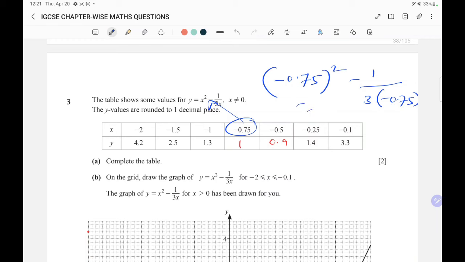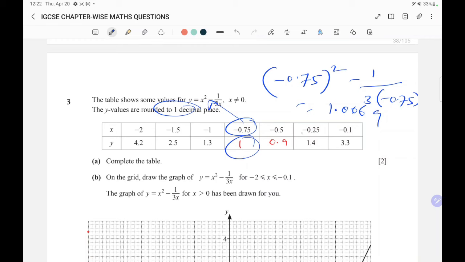Okay, let me use the calculator. What I got is 1.0069, but we have to write to 1 decimal, so 1.0, so it's 1 only, right?